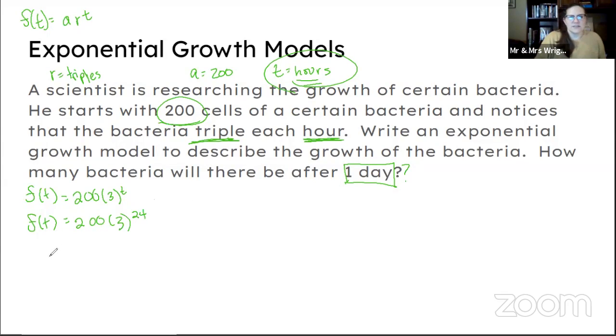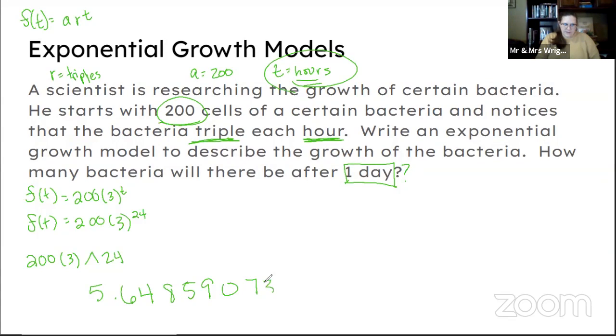I'm going to enter this into my calculator by doing 200, open parentheses, 3, close parentheses, caret 24, and hitting enter. What I get as an answer is 5.64859073 capital E plus 13.